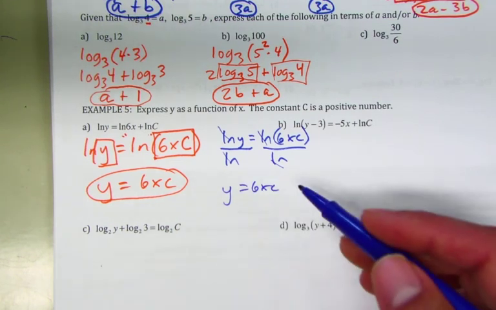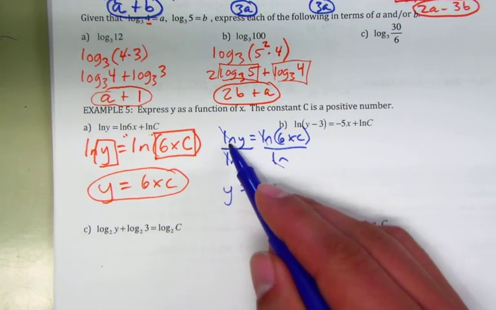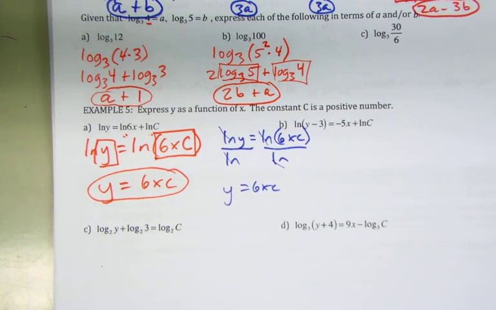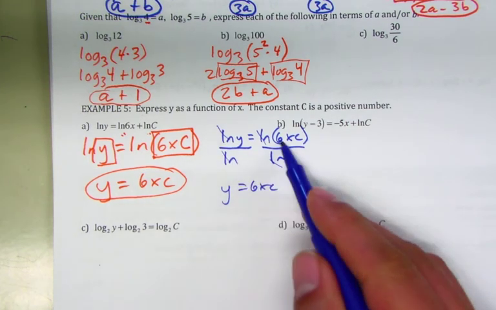It looks visually appealing because it seems to make sense, but let me compare this with something you are very familiar with, okay? Whenever you see a log, you need to have something inside it. Does that make sense? Just like if you see a radical, you'd have to have a radical with a number inside it, right?